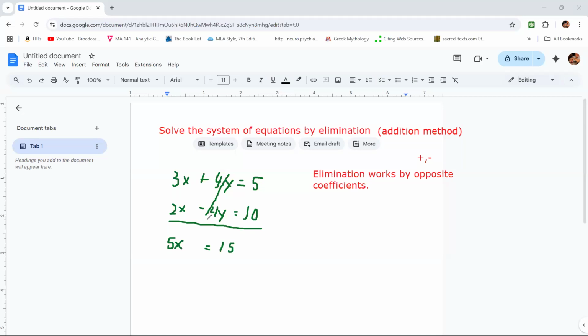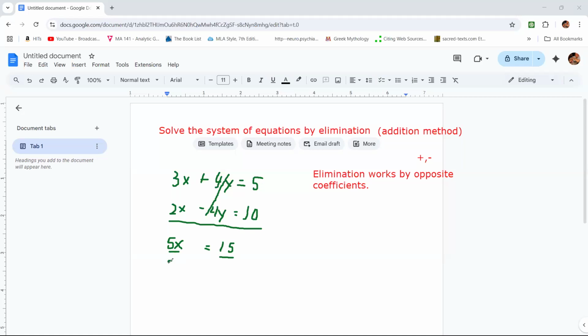Because they have opposite coefficients, if I add the equations together, the y terms will go away automatically. So I added. Now we know from last lesson that if I want to solve for x here, I have to divide. This is multiplication, so I have to get rid of multiplication by dividing.